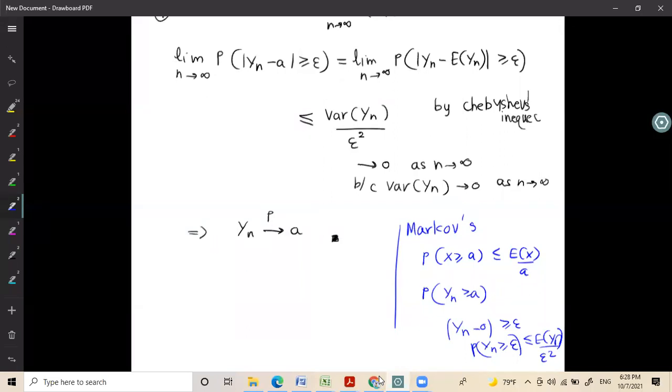Can you see the difference? Xn greater than or equal to A. In this Markov inequality, your A is like your epsilon. But you have Yn minus A, something extra, and it is within the absolute value sign. In order to apply the Markov inequality, these X's must be non-negative, so you cannot have negative values.